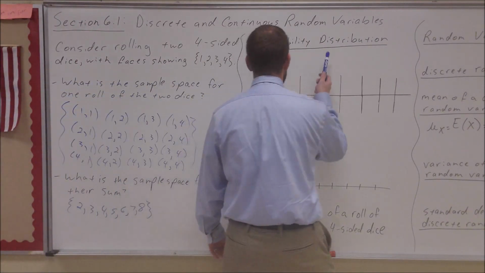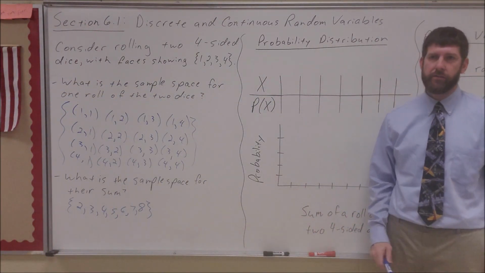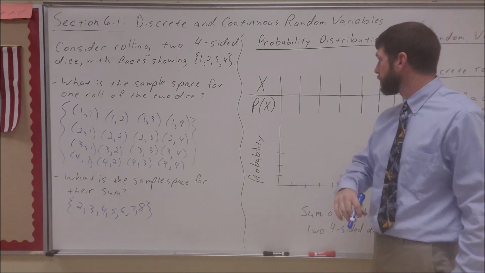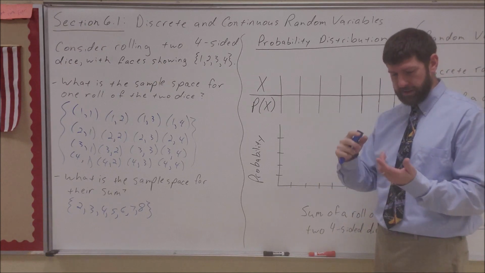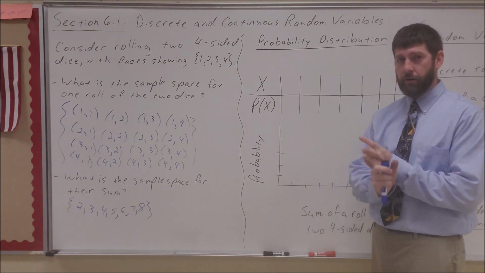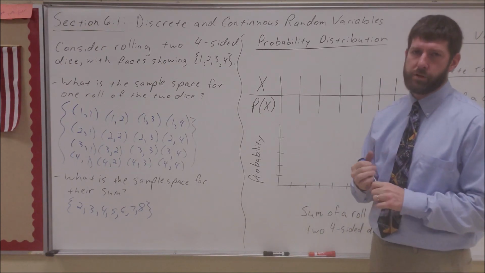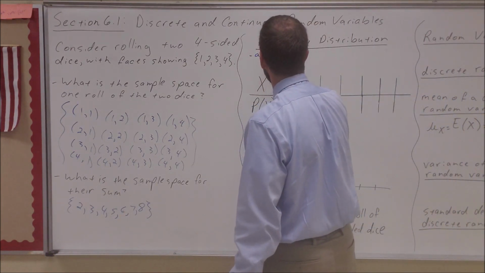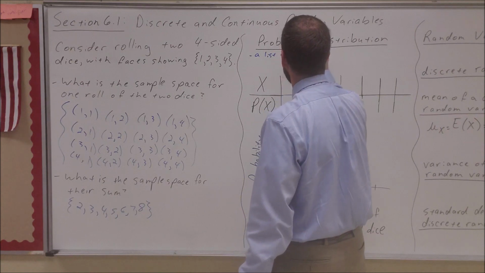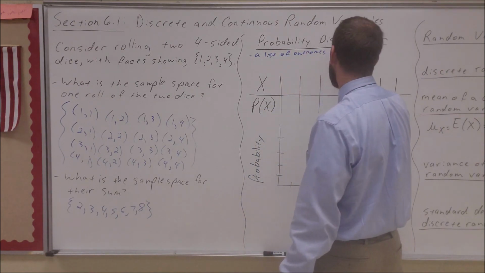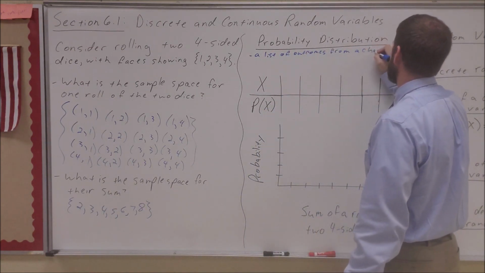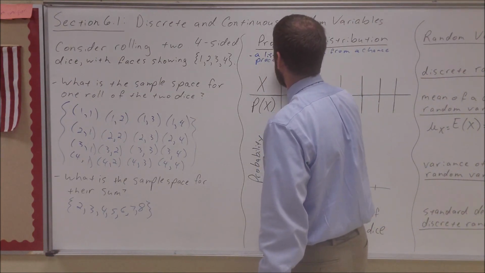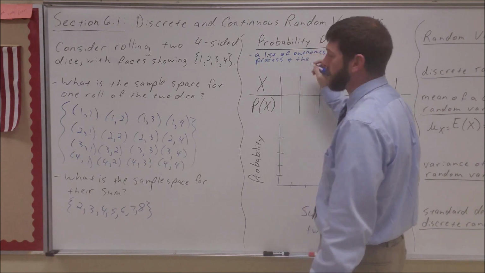All right, so let's look at the probability distribution of that. Now, what is a probability distribution? Just like regular distributions, a distribution is a list of your values and how often each one occurs. Probability distribution is the same thing. It's a list of outcomes from a chance process and their respective probabilities.